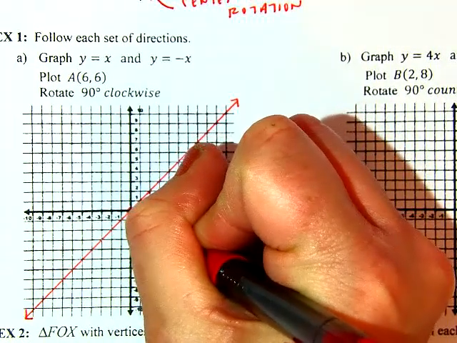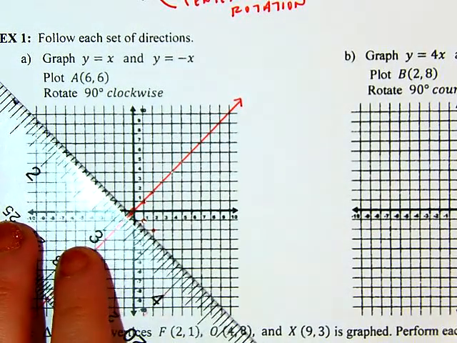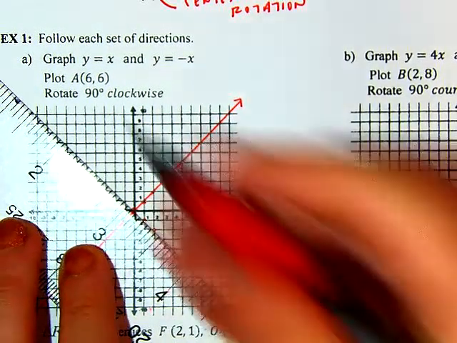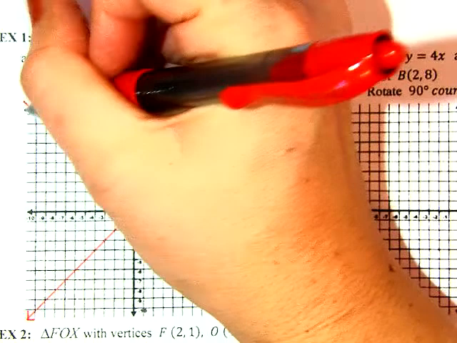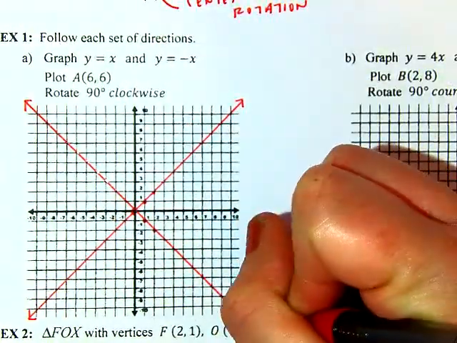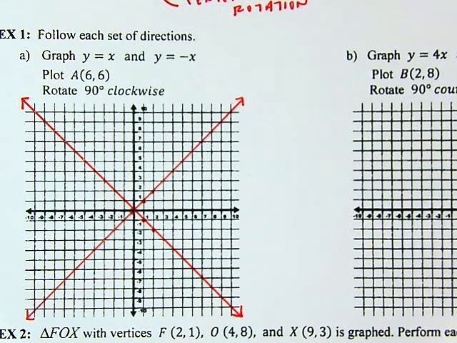So down 1, right 1 from the origin. And here we go. The reason that I am showing you these two pathways is that we know they're perpendicular because their slopes are opposite reciprocals. It makes it easier for us to visualize that rotation of 90 degrees.